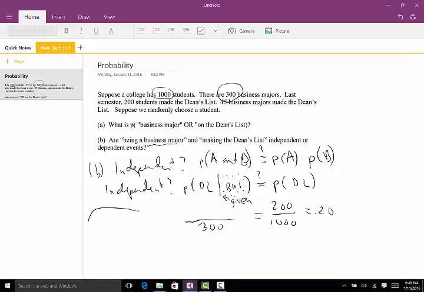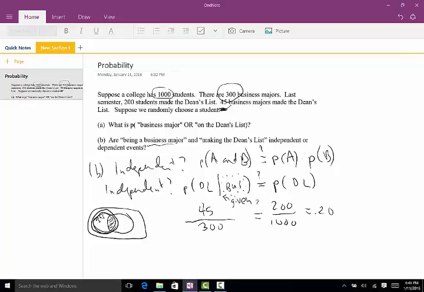Now again, from the picture, if they're a business major, then I know they're in this part of the diagram. And now I'm asking, okay, what's the chance that they are in the little sliver in the middle? We know that there were 45 students in that little sliver in the middle, the 45 business majors who made the Dean's List.